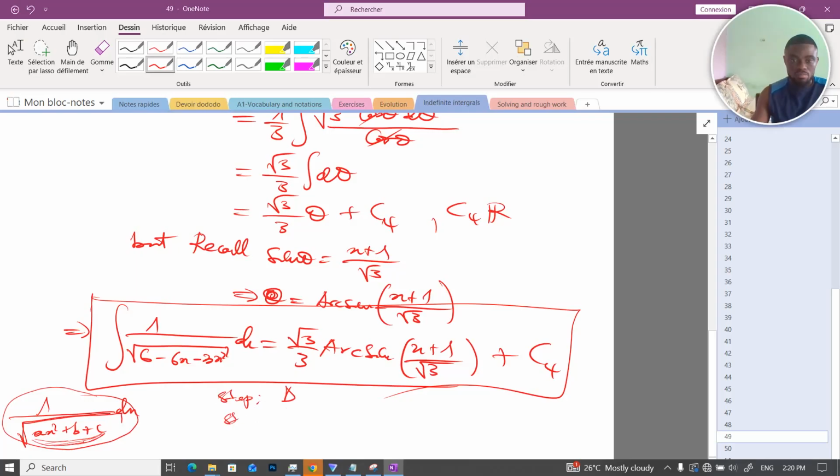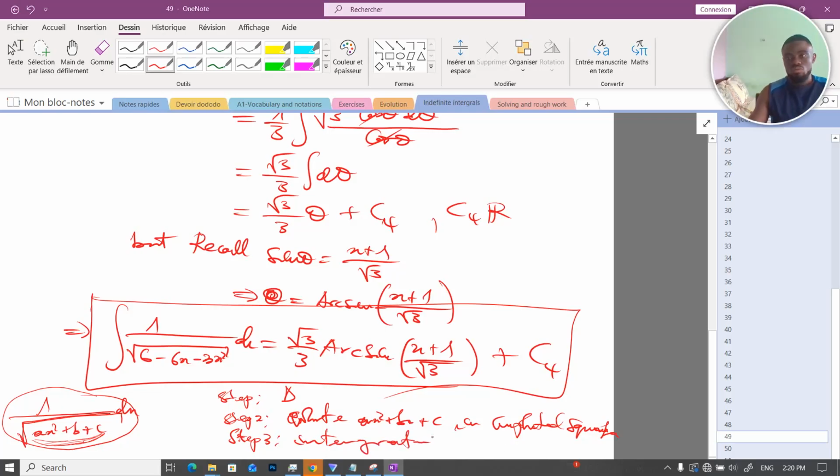The next step, step 2, you write your ax squared plus bx plus c in completed square form. And the last step, step 3, you integrate using all the techniques that you were taught in the previous videos.